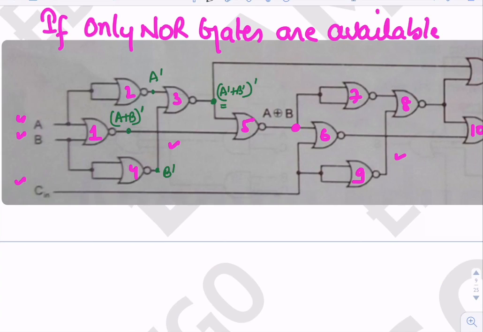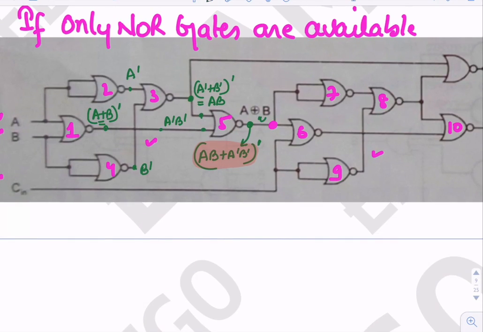That is equal to A into B, and (A plus B) conjugate is equal to A conjugate B conjugate. So they both are getting added here. So here we will get (AB plus A conjugate B conjugate) whole conjugate. This expression is XNOR, and XNOR inverse is XOR. So we are getting XOR here, no issues.